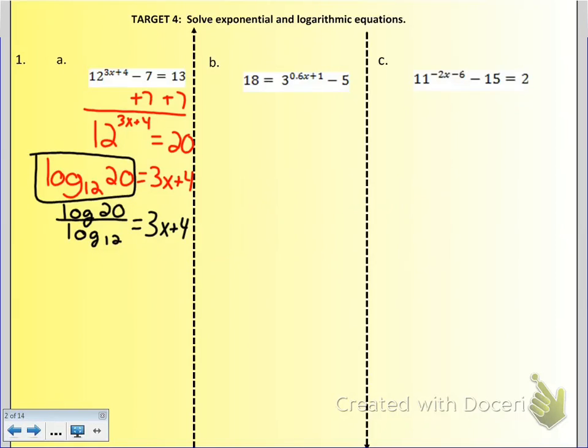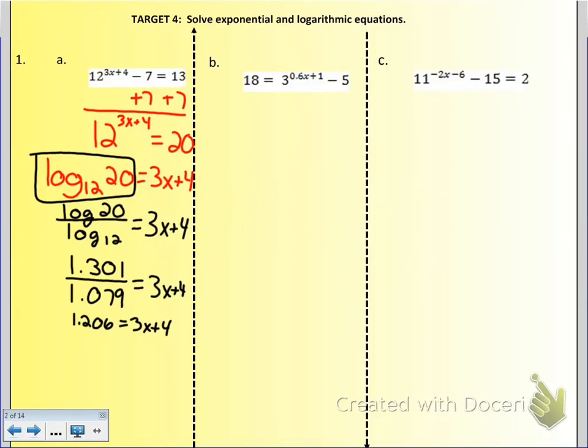Log of 20 is 1.301 divided by 1.079, still setting equal to 3x plus 4. Then 1.301 divided by 1.079 is 1.206, setting equal to 3x plus 4.